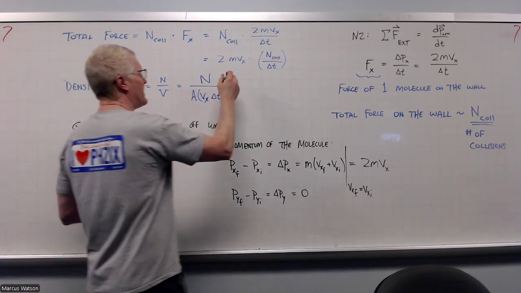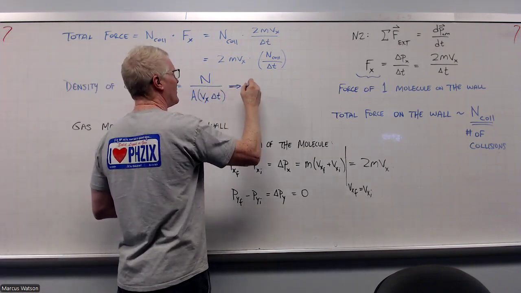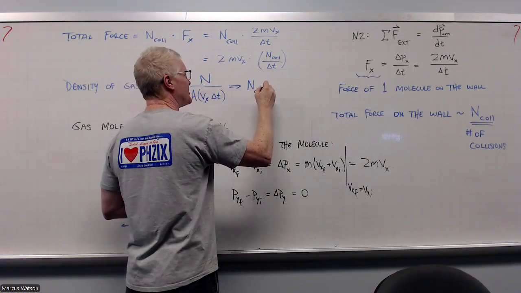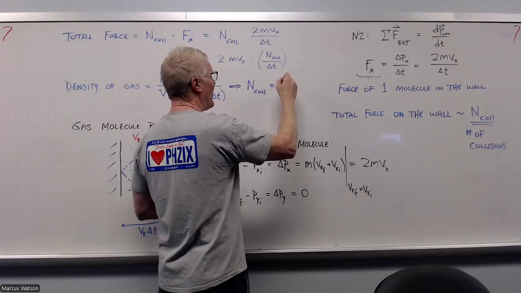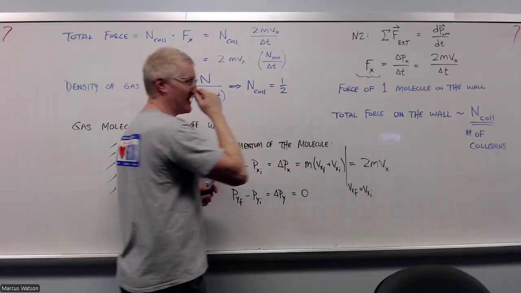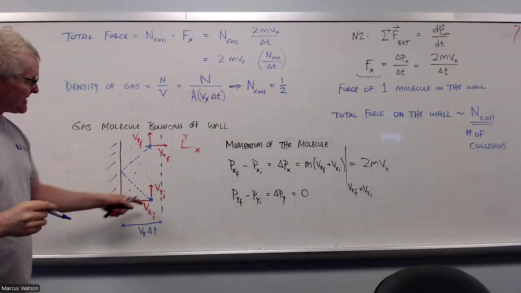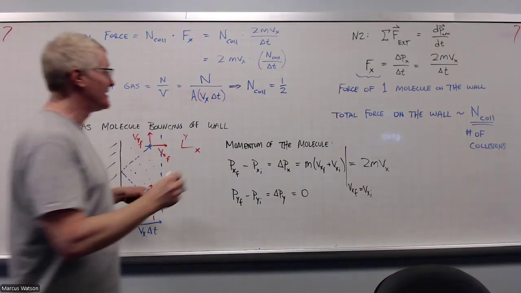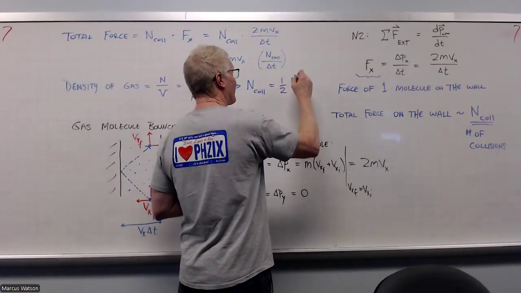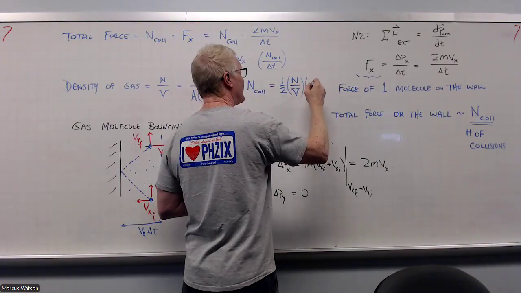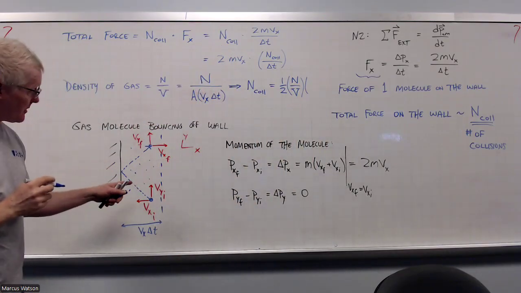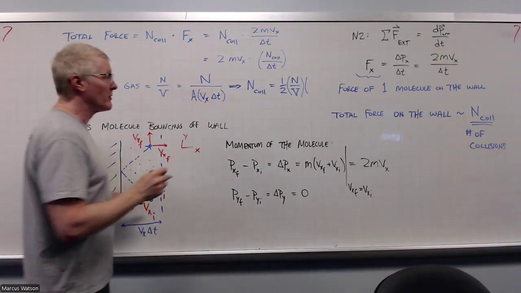Okay. So when I think of trying to write down how many are making collisions, the number of collisions should equal 1/2 of the total density of these things, N over V, the total number density, multiplied by the volume right here, right?